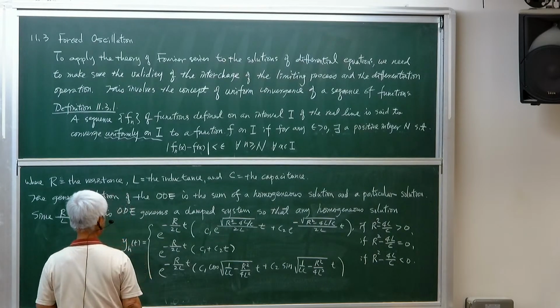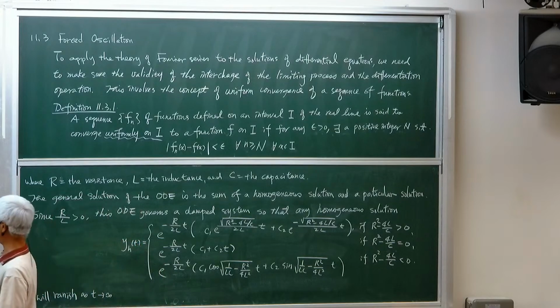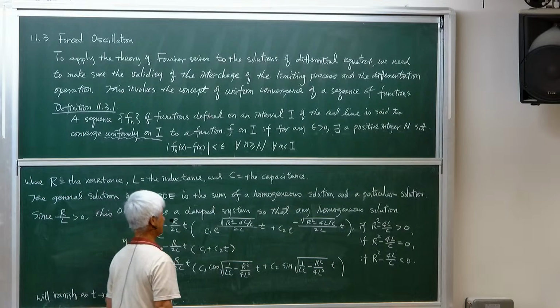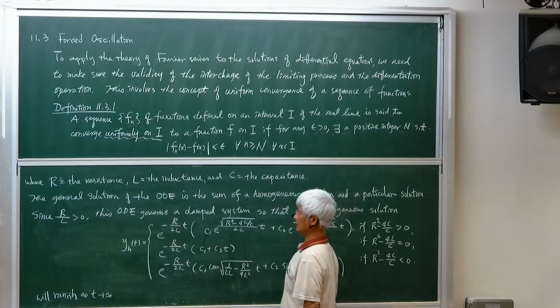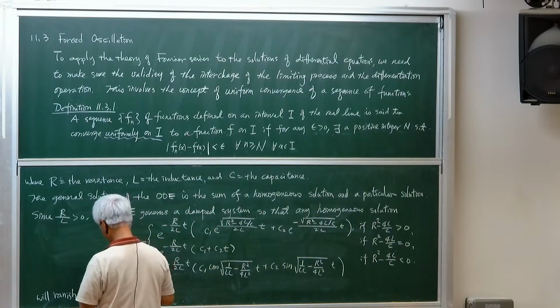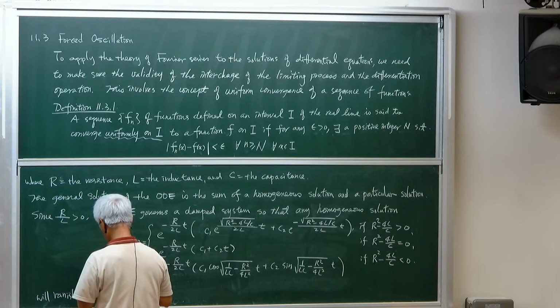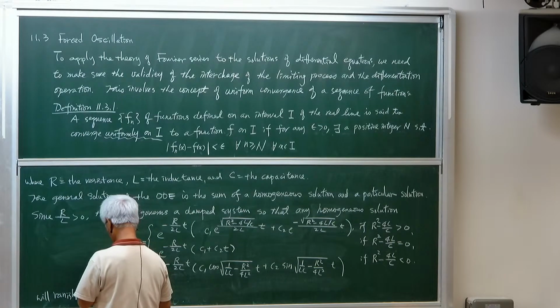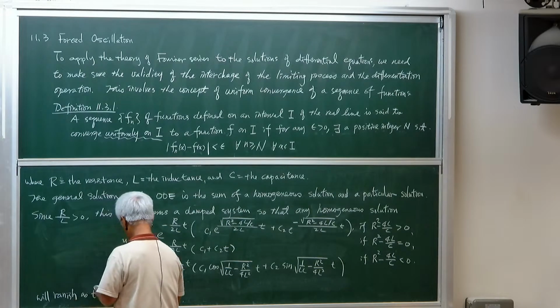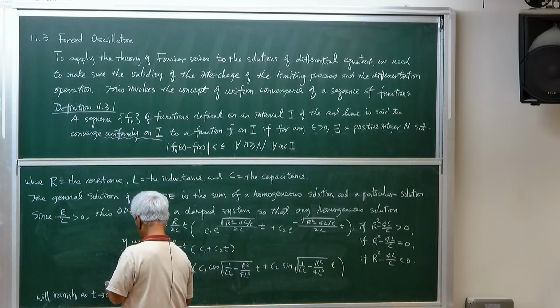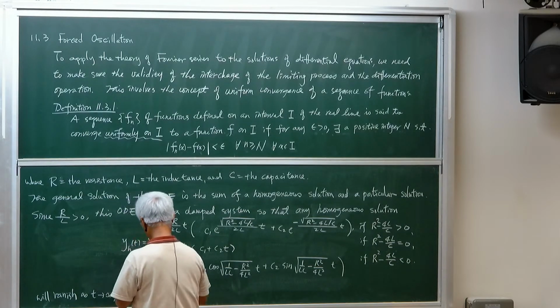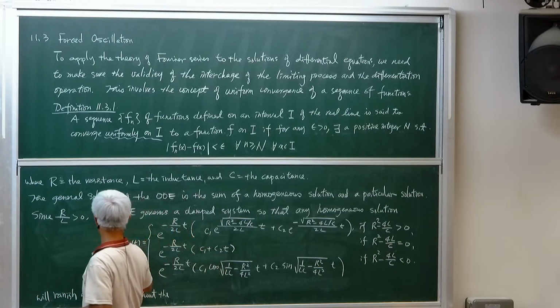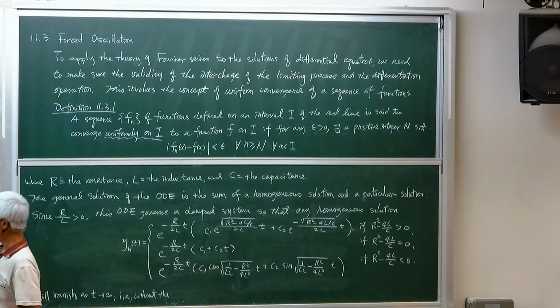Basically, because of the resistance, the homogeneous solution will vanish. The homogeneous solution means that the voltage signal is 0.